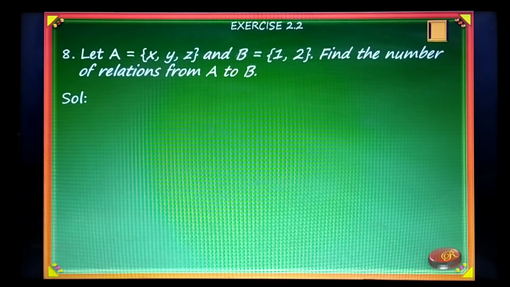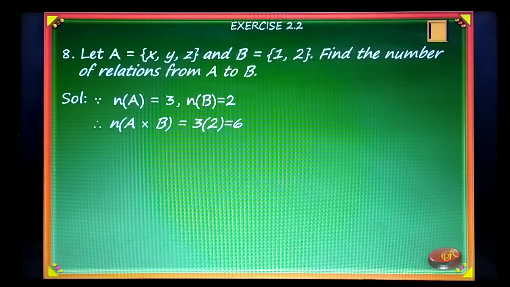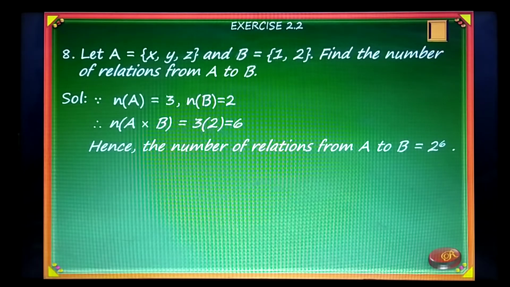Since number of elements of A is 3 and number of elements of B is 2, therefore number of elements of Cartesian product of A and B is 3 times 2, which is 6. Hence, the number of relations from A to B is 2 raised to the power 6.